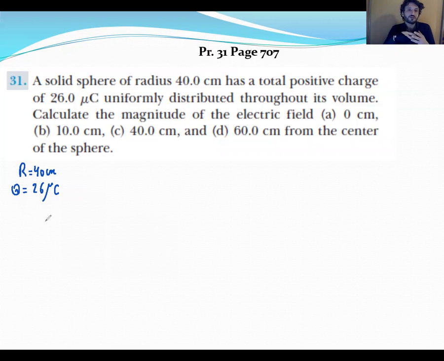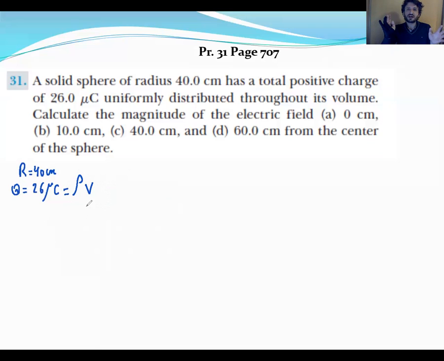In the case of uniform charge density, like in this case, the charge will be inside the object. So we have a volume, Q equals rho times V.